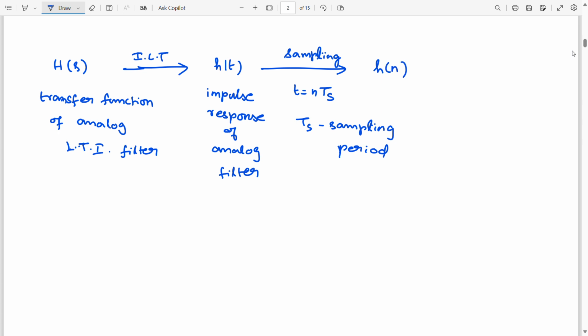We shall get the impulse response of the digital filter.